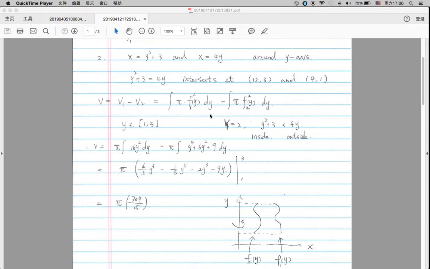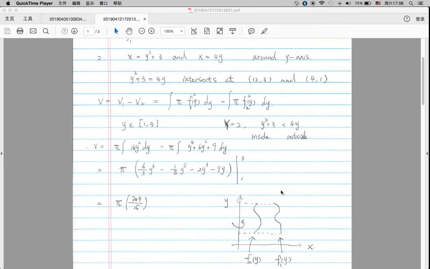Now to calculate the volume between these two lines, basically just the larger volume minus the smaller volume. That is the shape revolving from the function that is lying outside, minus the shape revolving from the function located inside.